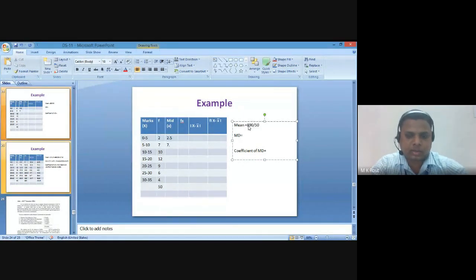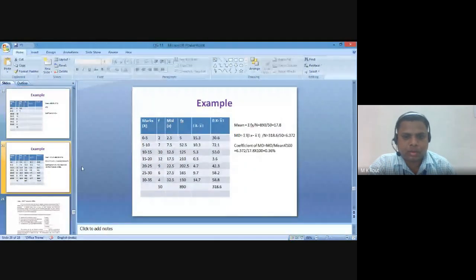That equals 17.8. Those who have not finished, just check the answer. Okay, I will show the answer.